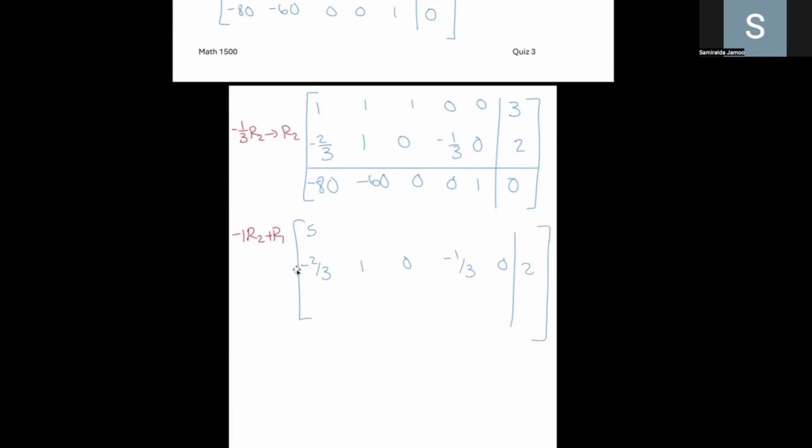Okay, we have 5 over 3, 0, 1, positive 1 over 3, 0, and 1. To make that a 0, I'm going to multiply by positive 60, row 2 plus row 3, into row 3.